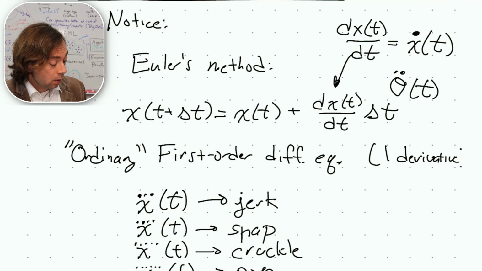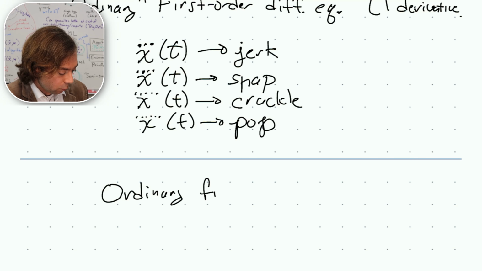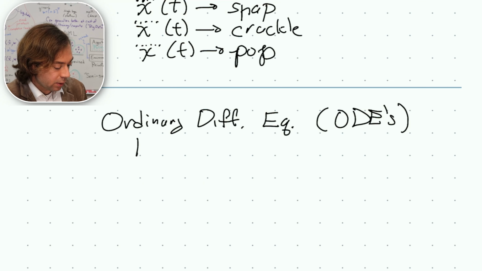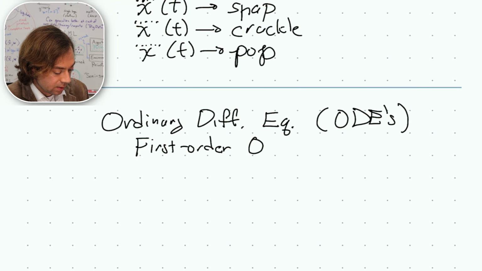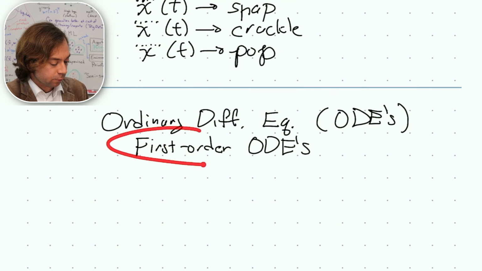So we're dealing with ordinary differential equations, diffy Qs, otherwise called ODEs, and we are dealing with first order ODEs. So how do we make Euler's method work when it only works for first order ODEs?